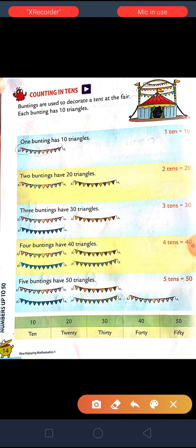So students, I want you all to practice all the number names in your notebook so that it will be helpful for you to learn the number names and to understand them.